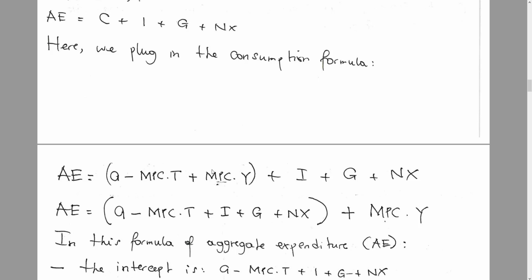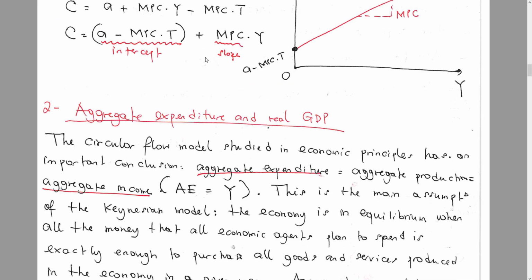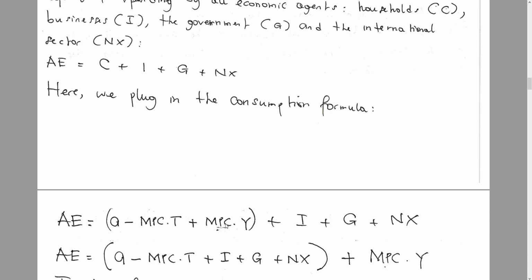Because you see, MPCY is something that we are familiar with, because this is the last part of the consumption function here. So what I did is that MPCY here, okay, I took it to the end of the expression. That's why you see this at the end of the expression.